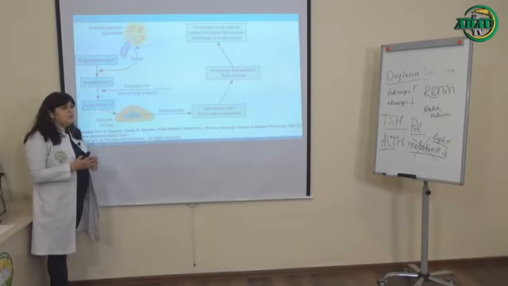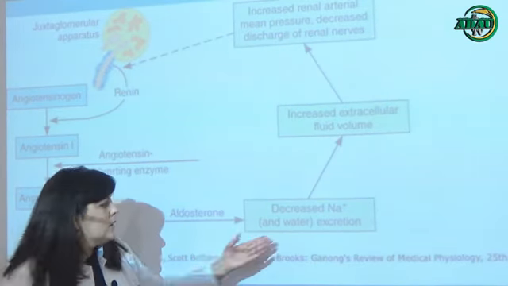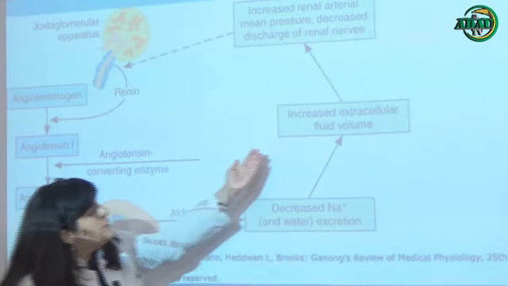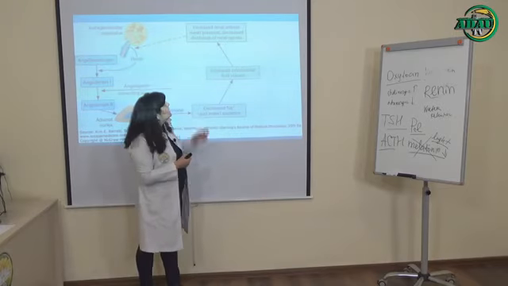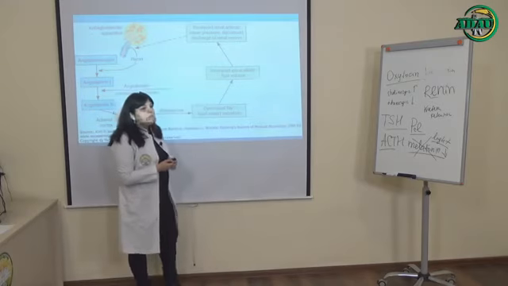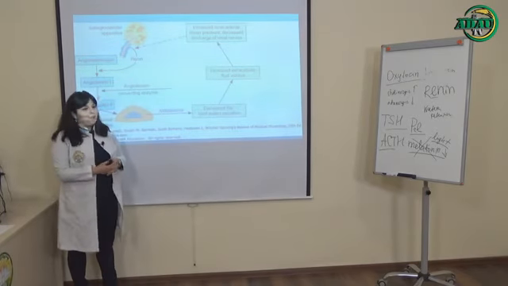What will be the result? The result will be a low level of sodium excretion and a low level of water excretion. So here we can see the increased volume of water in the body, and this can cause increased arterial pressure. So the function of renin is to regulate blood pressure in the body of animals and in humans too.